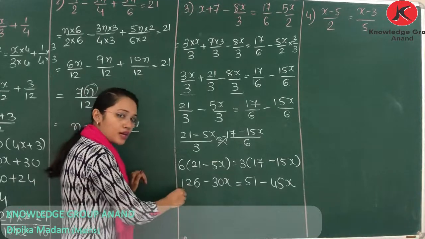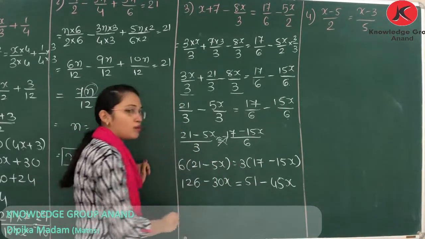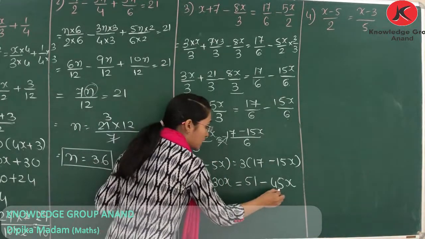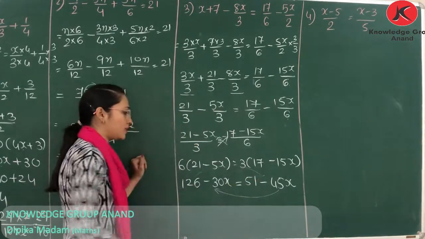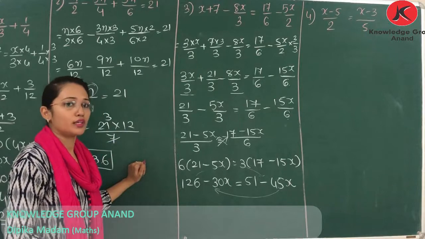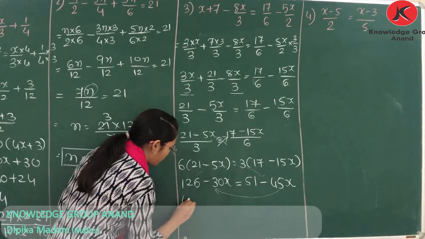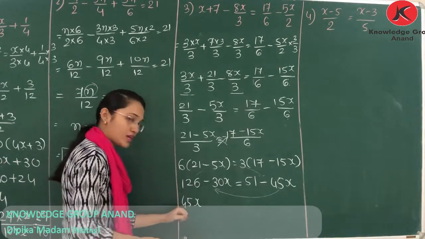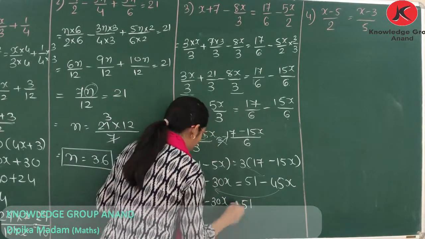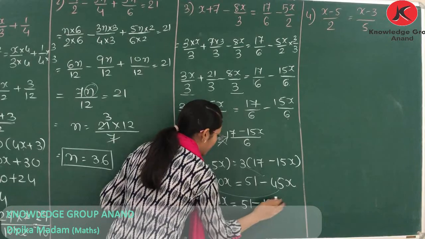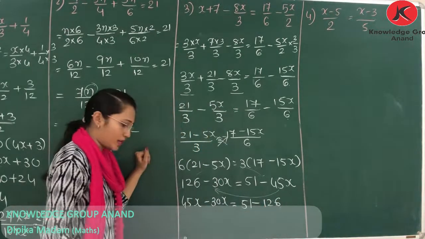Now number on one side and variable on one side. So 51 minus 45x becomes plus 45x and plus 126 becomes minus 126. So 45x, that is minus, becomes plus, 51 minus 126. Now subtraction.